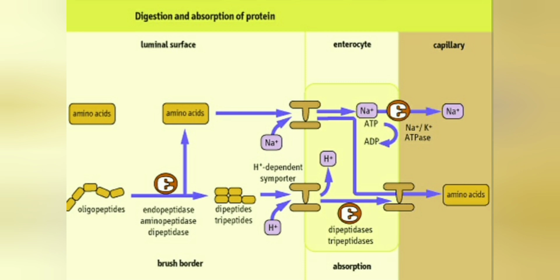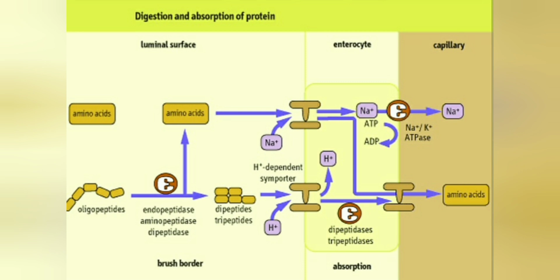Remember, secondary active transport occurs through sodium symporter, and active transport of amino acid occurs through the amino acid pump. This is primary active transport. Amino acid pump means where ATP is needed. It is primary active transport and this happens on the apical surface.